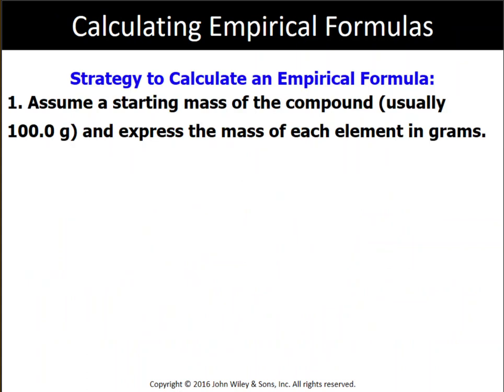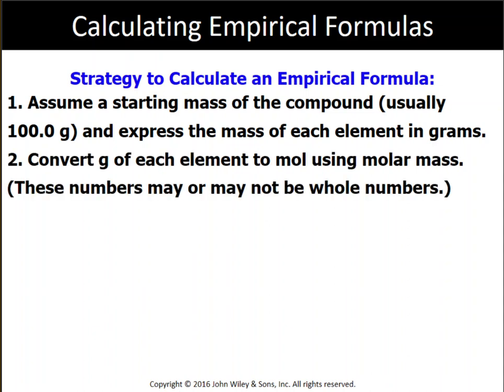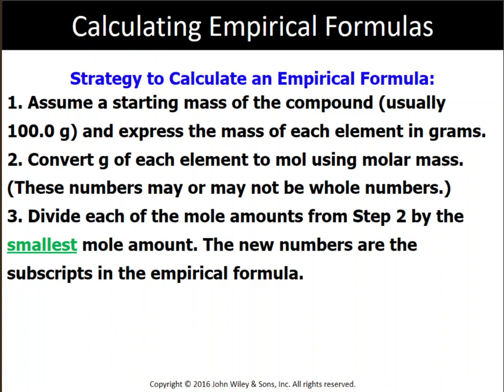Now, these are the strategies that we're going to use in order to find the empirical formula. Since empirical formula represents the smallest whole ratio between the atoms, our goal is to find the number of moles of each element in our compound. So from the percent compositions, we want to find the masses. Once we have the mass, we want to find the number of moles.